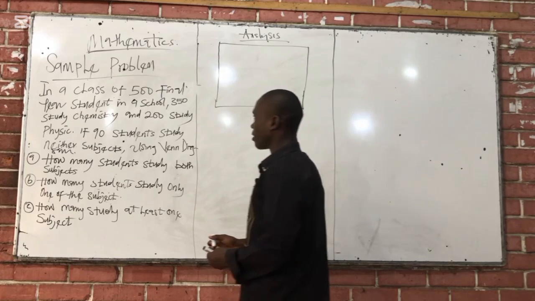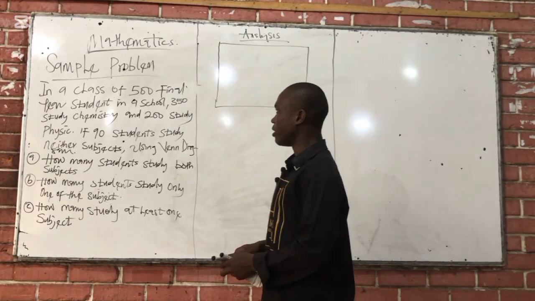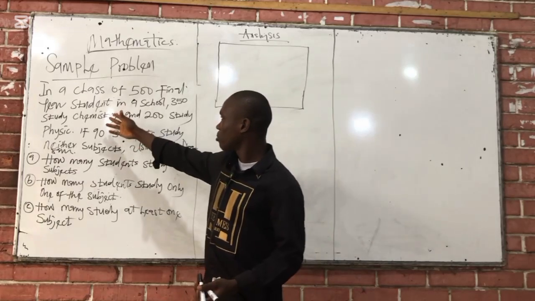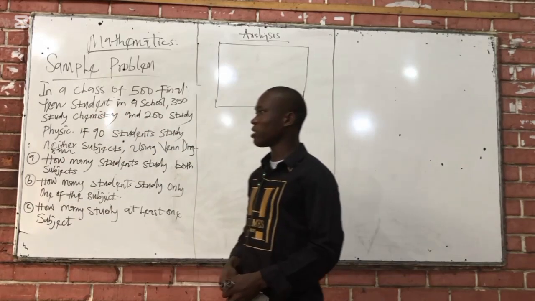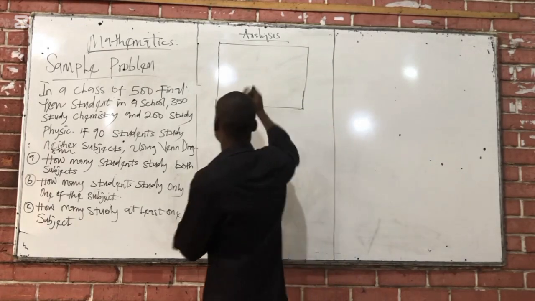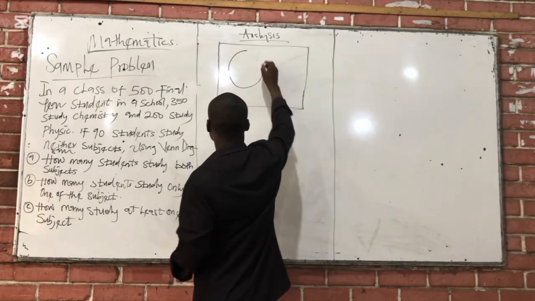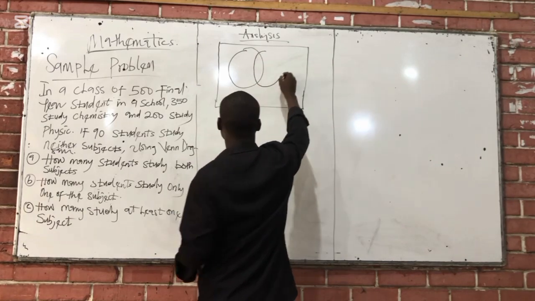And what is very important in identifying a Venn diagram is how many sets are contained in the problem. Now they said we have chemistry and physics, which means that we have just two sets. So we are going to have the first set, and we are going to have the second set.